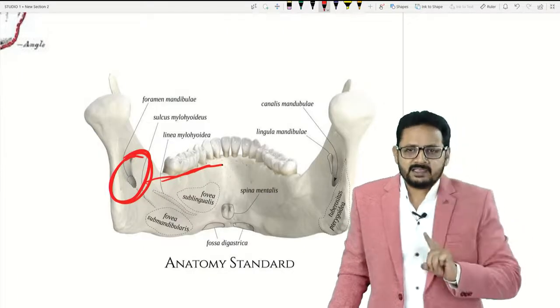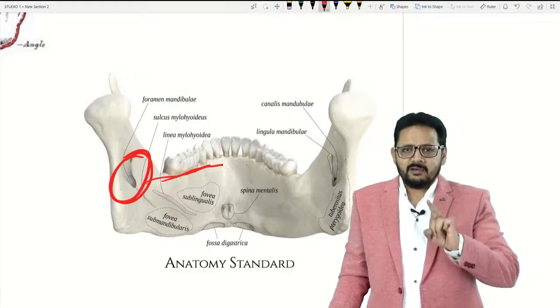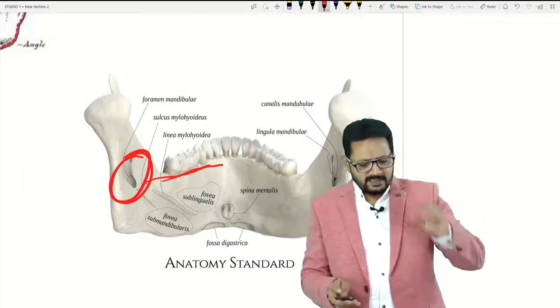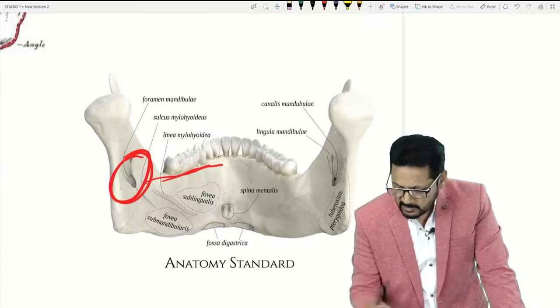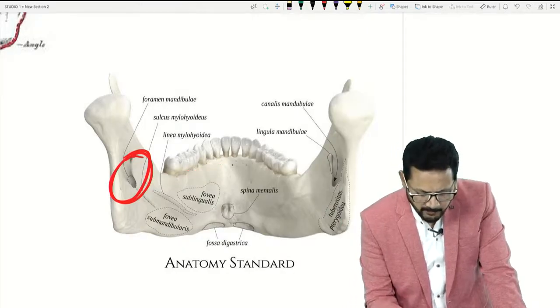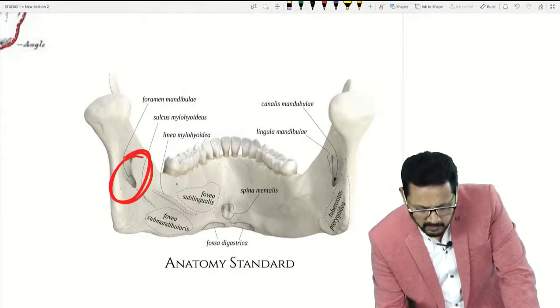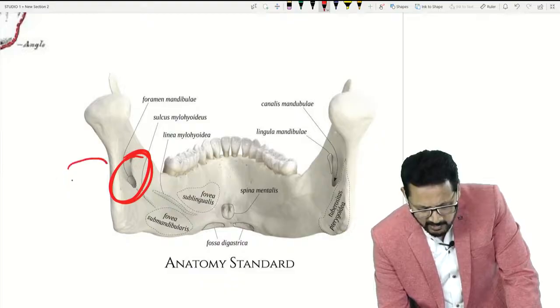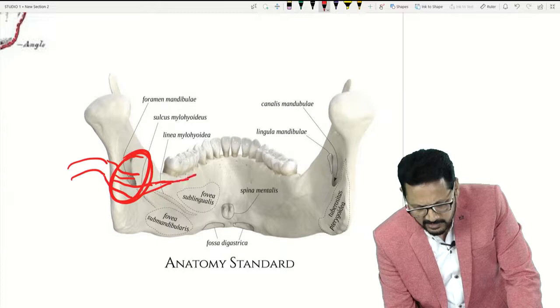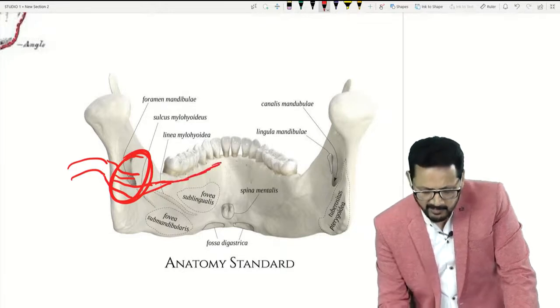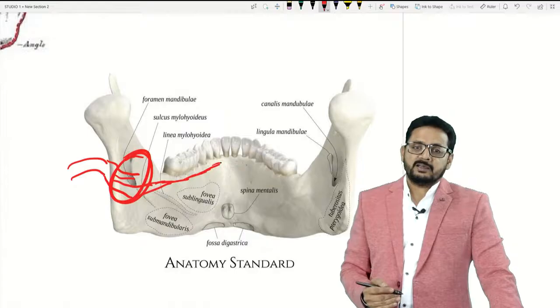In edentulous cases, you have to be slightly careful. In a dentate case, as in this picture, it is approximately 5 mm below. Now imagine this is the mandibular nerve which divides into the inferior alveolar, and this is the lingual nerve. The lingual nerve travels approximately 5 millimeters below the alveolar ridge.